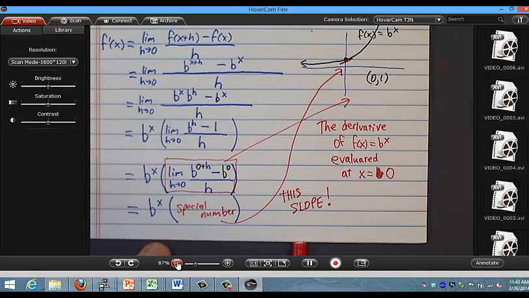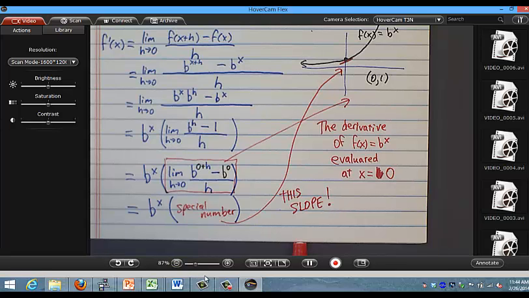Now, I thought this was applied calculus, right? This is a lot of theory going on right here. But I think it's worth looking at because it helps me to understand why we would create a very special base.